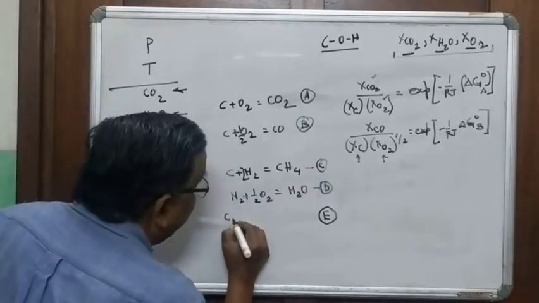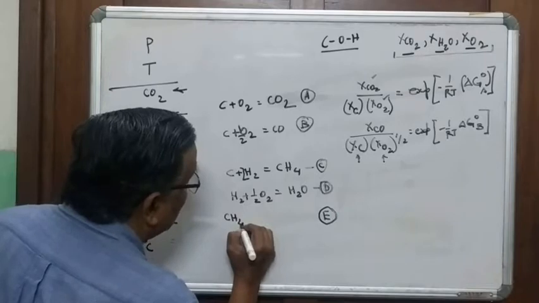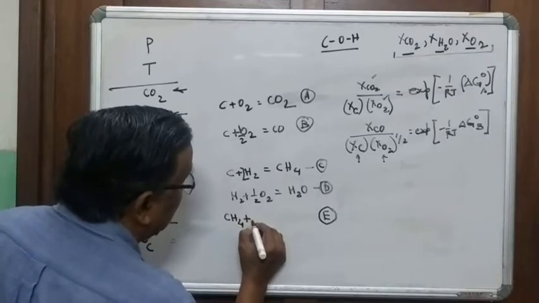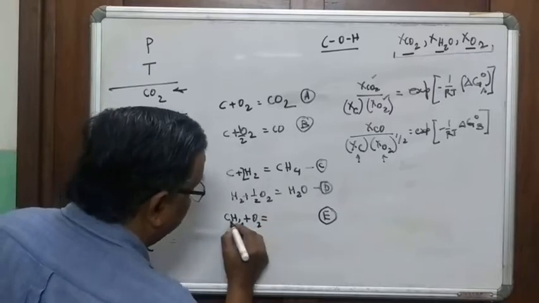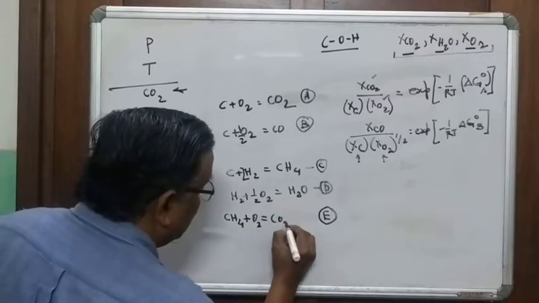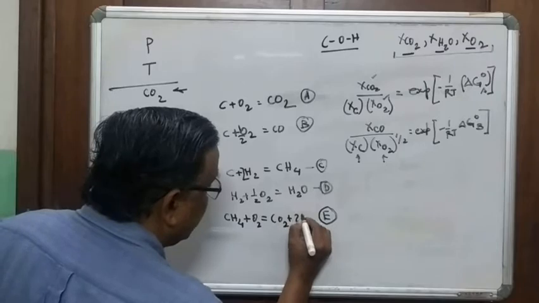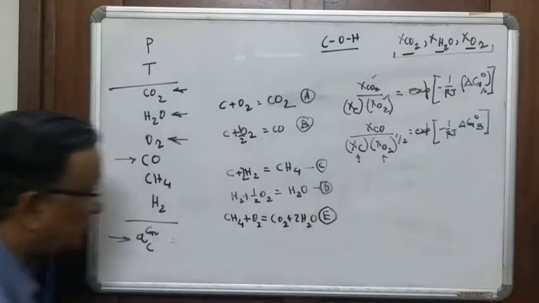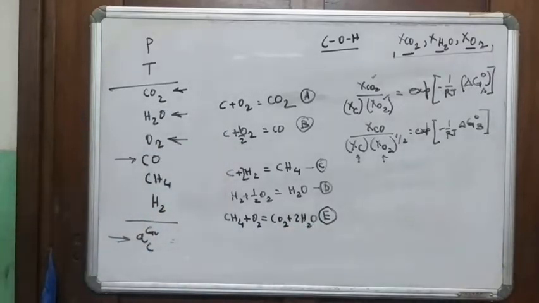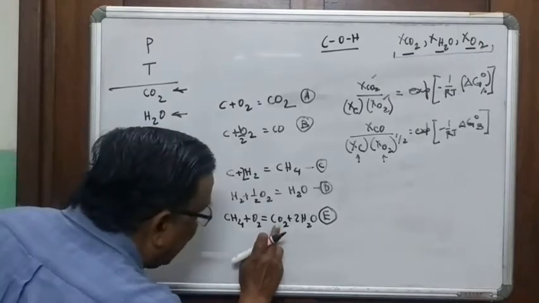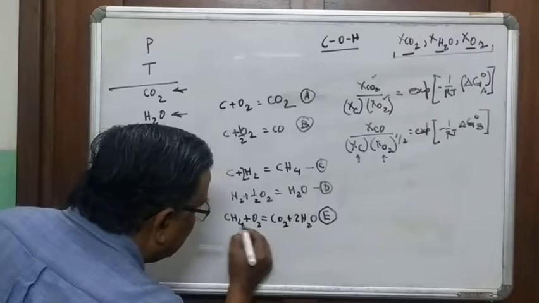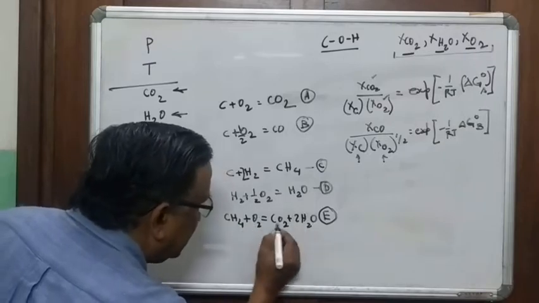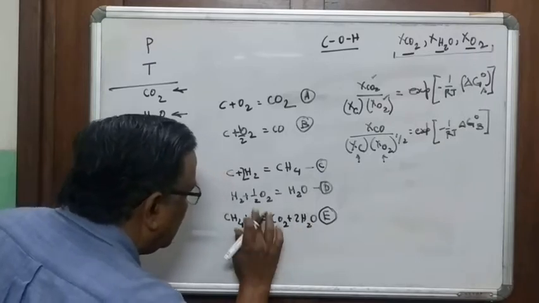So let's say CH4 plus O2 is equal to CO2 plus H2O. Right? It's still not balanced, because hydrogen is 4, carbon is 1, but oxygen is 2.